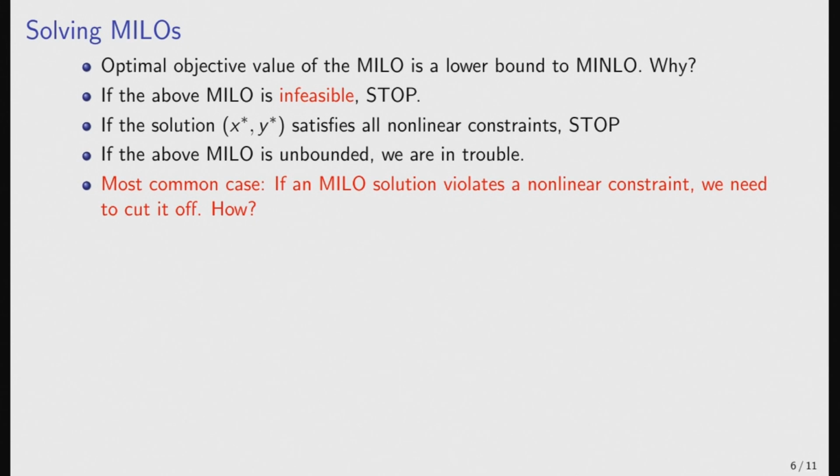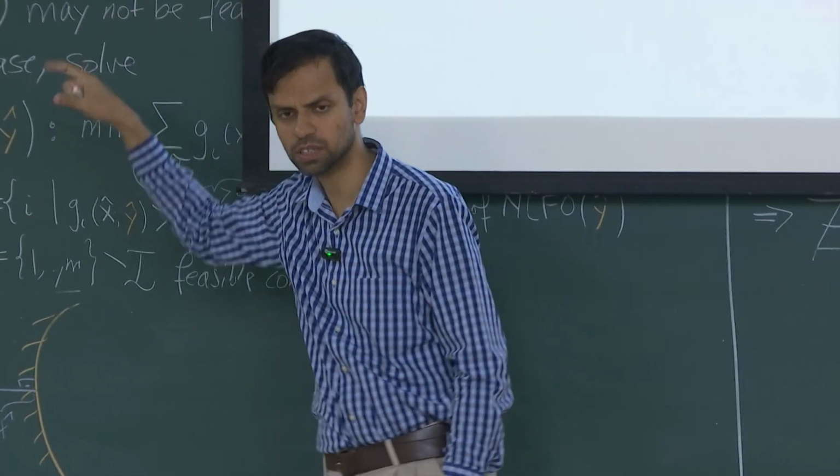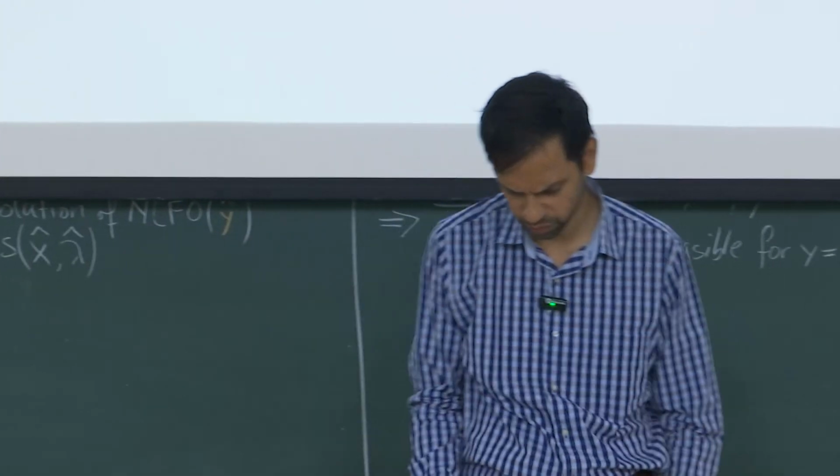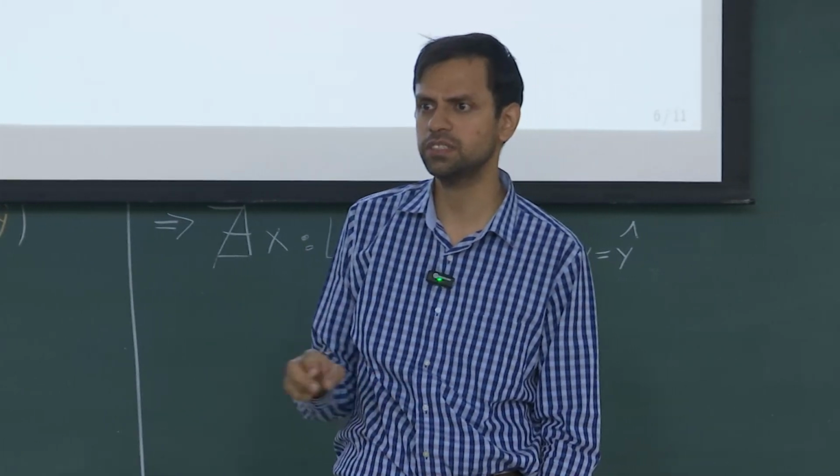So now the question is, how do I go to a different solution which might actually be feasible to the nonlinear constraints also? The answer lies in these linearization inequalities. Any questions?